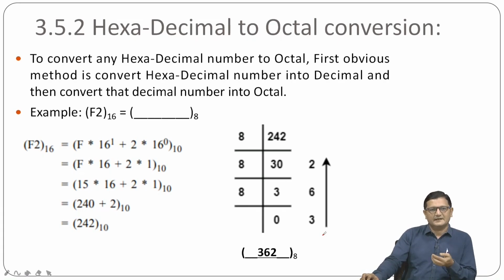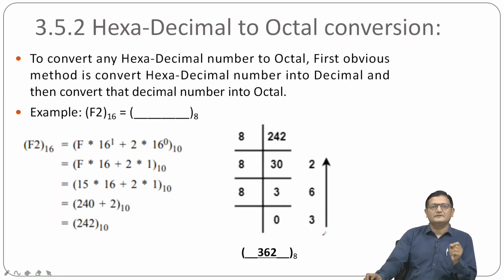We start from the last digit, which is 2, and multiply it by 16 to the power 0. The last digit should have power 0. Similarly, F is the second digit, so it has to be multiplied by the power 1.